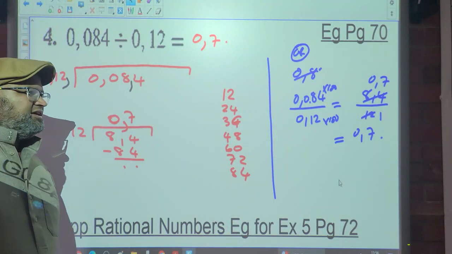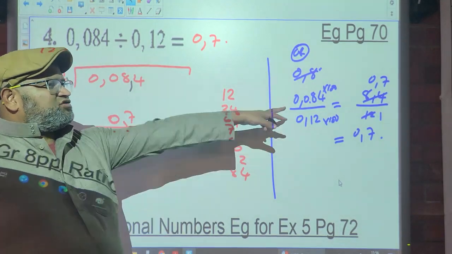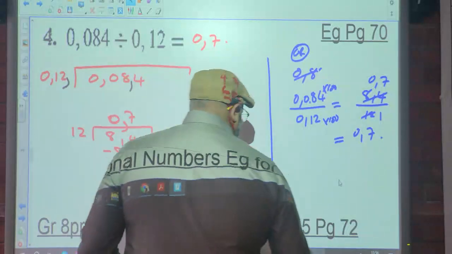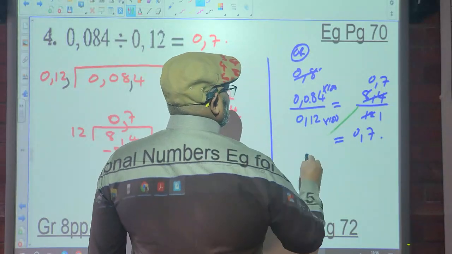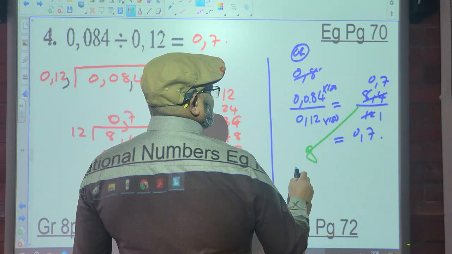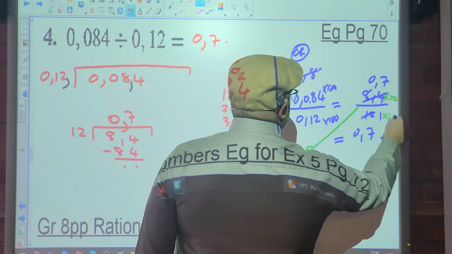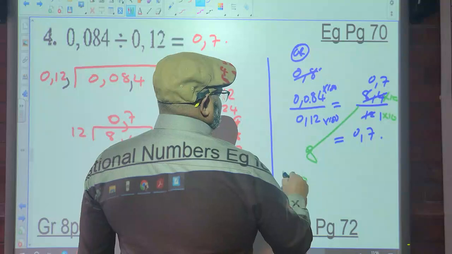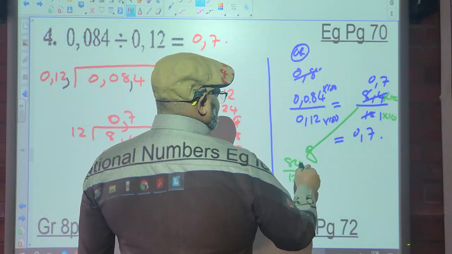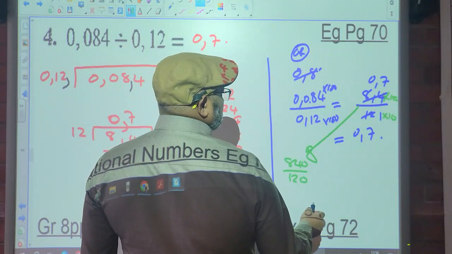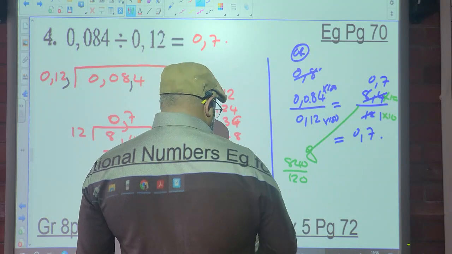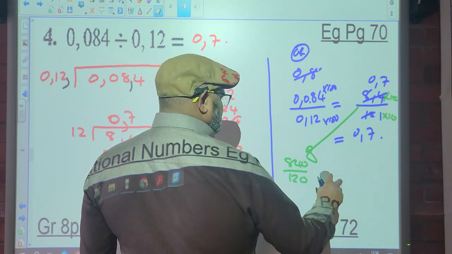Okay, otherwise, if you had made this a fraction where the numerator is also a whole number, an integer, sorry. So you multiply that further by 10, you're now going to get 84 over 120. Not 840, 84 over 120.